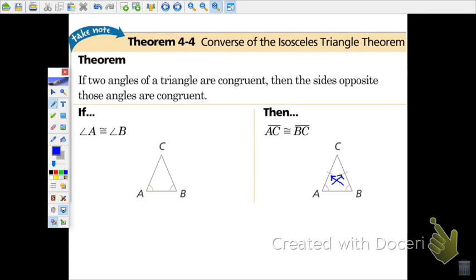So we are being given the two congruent angles, which means we can then mark the two congruent sides. So that's our isosceles triangle theorem and its converse, just meaning it works both ways. If we have two sides, we can mark the angles. If we have two angles, we can mark their opposite sides.